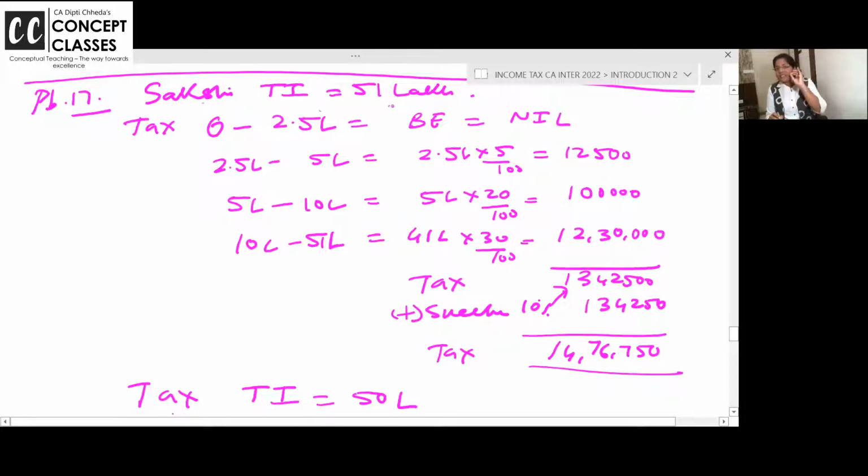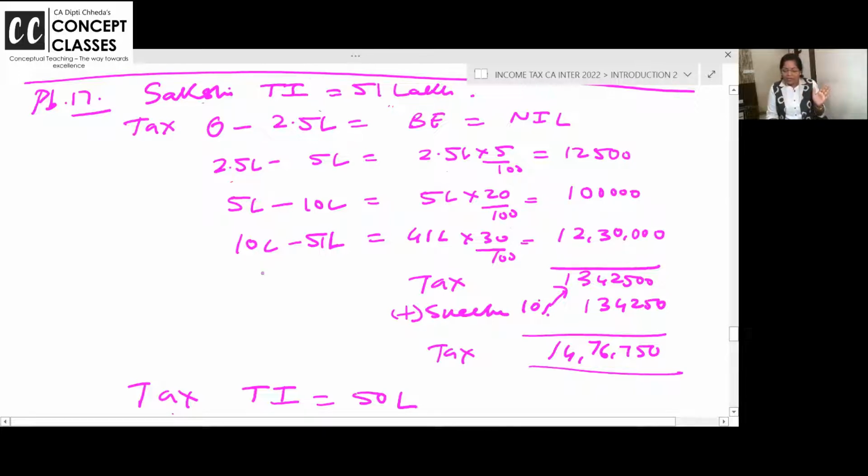What is the tax on 51 lakhs? Up to 2,50,000 is the basic exemption, nil. On the next 2,50,000, from 2,50,000 to 5 lakh, 5% is the tax, 12,500. On the next 5 lakh, from 5 lakh to 10 lakh, it is 20%, 1 lakh.